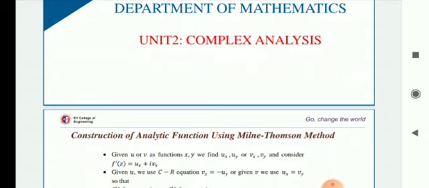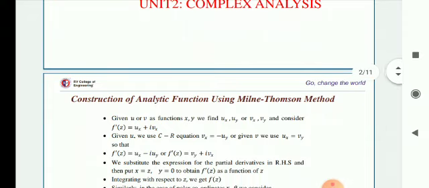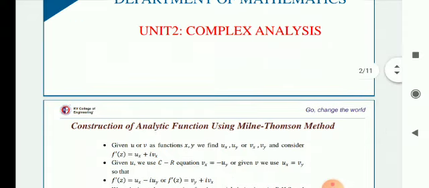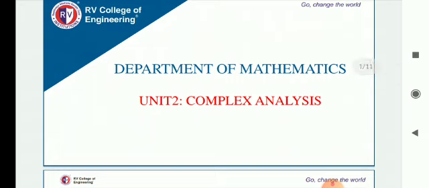And there are a lot of applications from this analytic function. For instance, if you take f of z equals u plus iv as an analytic function of z, then in the context of fluid flow, the real part u represents the equipotential lines and the imaginary part represents streamlines.